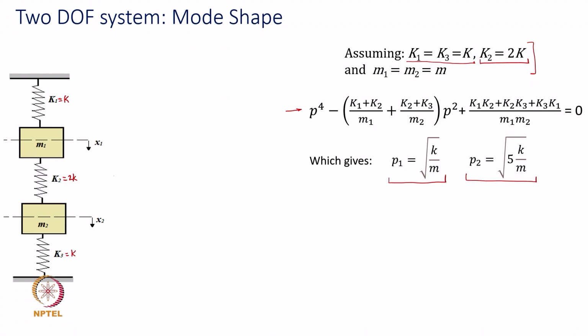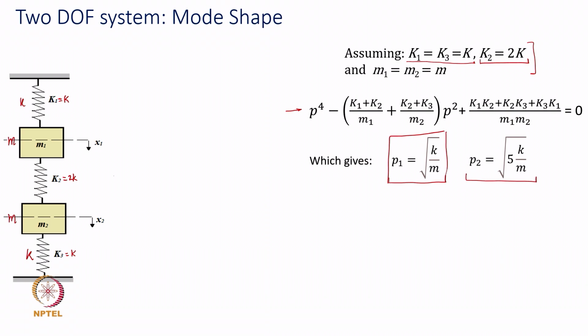Now, you can also have a look at the first of the two natural frequencies. It says that your natural frequency is square root of k over m. It actually means that if this stiffness is k and this is m and this is m and this is k, the motion of the two masses x1 and x2 will be such that they will have the same amplitude and k2 will not really stretch or compress.